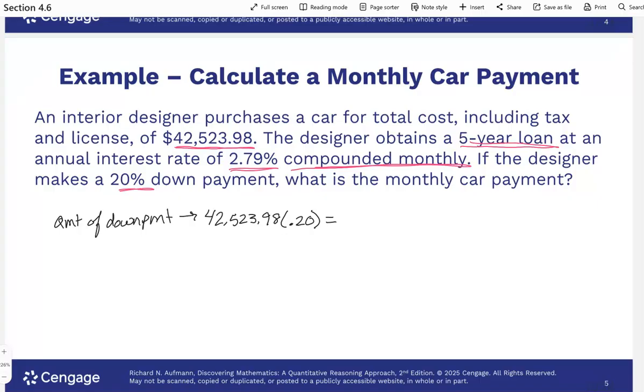I'm going to do that off screen in my calculator. They are making a down payment of $8,504, and I got 0.796, so we're going to round that up to 80 cents.